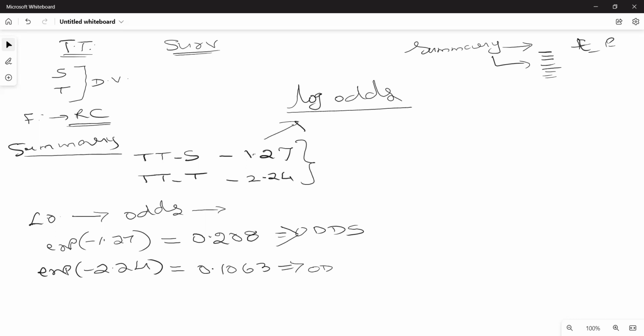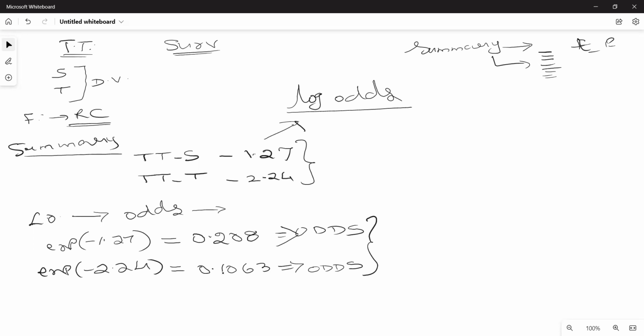So this is again an odds. You can use the calculator and find out that if I take the exponent of minus 1.27 and minus 2.24, you will get the odds values 0.208 and 0.106. Now, what is the meaning of these two numbers?